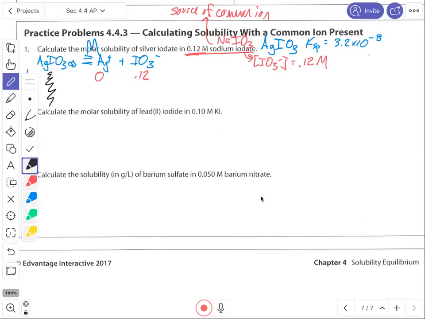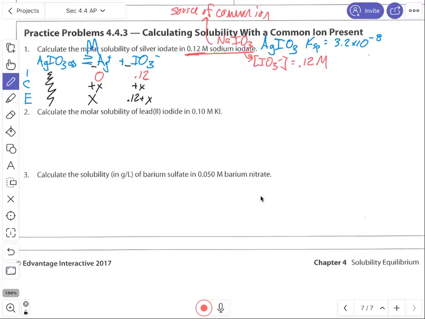What is going to be my change line? Plus X on both, because I don't have any coefficients. So my equilibrium line would be plus X and then 0.12 plus X.